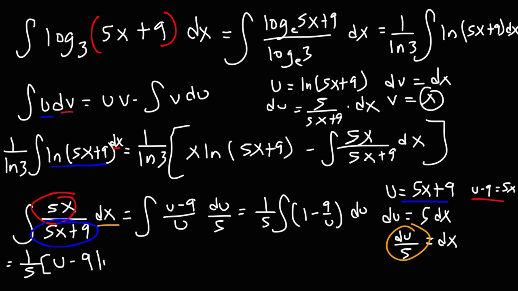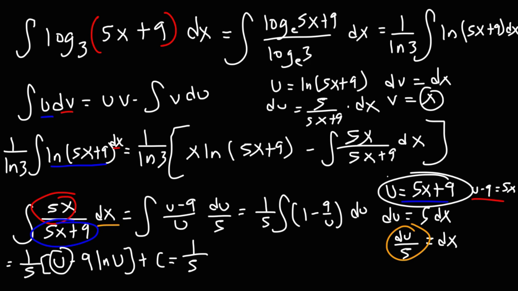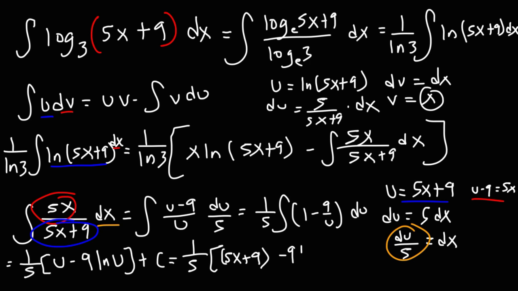So this is 9 ln u, and then plus c. So now we need to replace the u variable with 5x plus 9. So it's 1 over 5, 5x plus 9, minus 9 ln 5x plus 9, and then plus c.